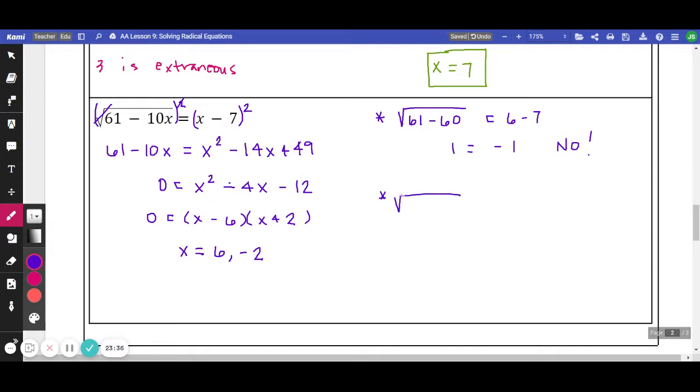Because if the first one didn't, the second one surely will. I get 61. Negative 2 times 10 is positive 20 equals negative 2 minus 7. So that's 81. Square root of 81 is 9 equals negative 2 minus 7. Oh, nope. That one did not work either.